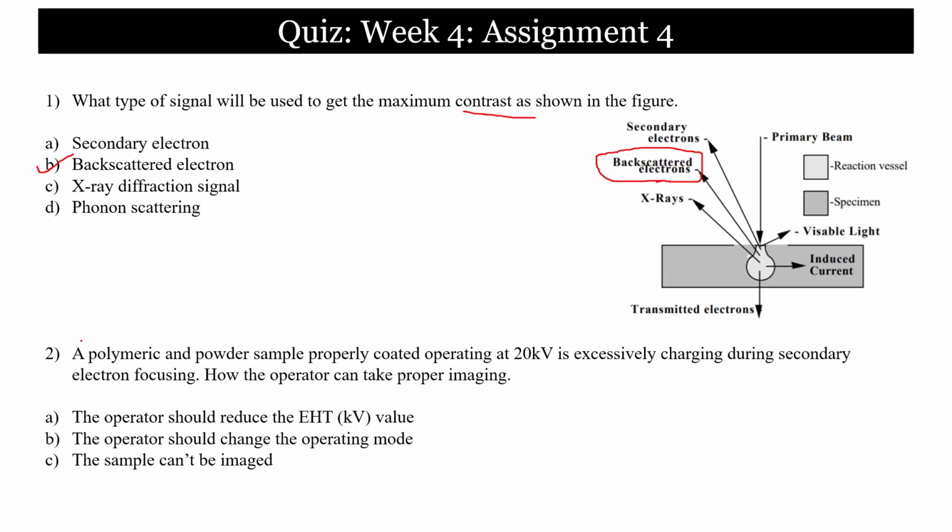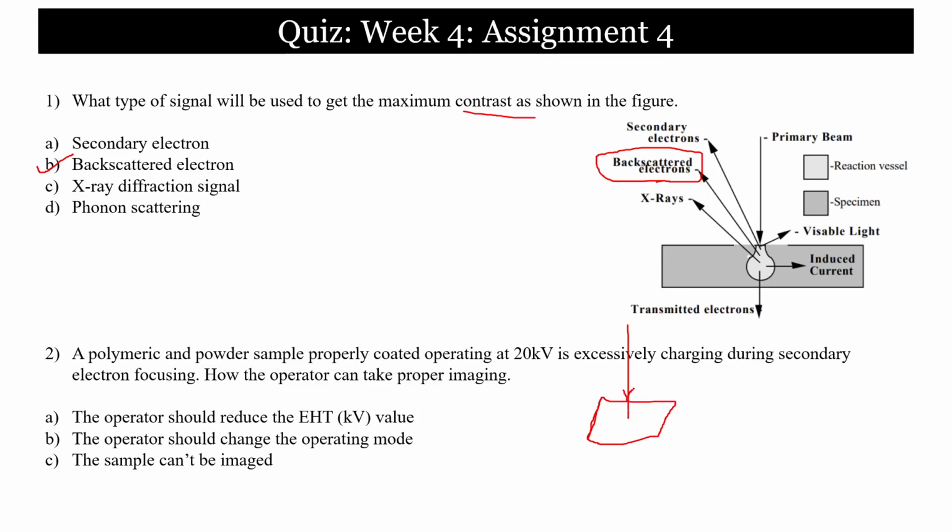The second question says a polymeric and a powder sample properly coated operating at 20 kV is extensively charging during secondary electron focusing. How can the operator take proper imaging? So your sample will be charged. For example, this is your specimen and your electron probe is coming in this direction. Electrons are always negatively charged.